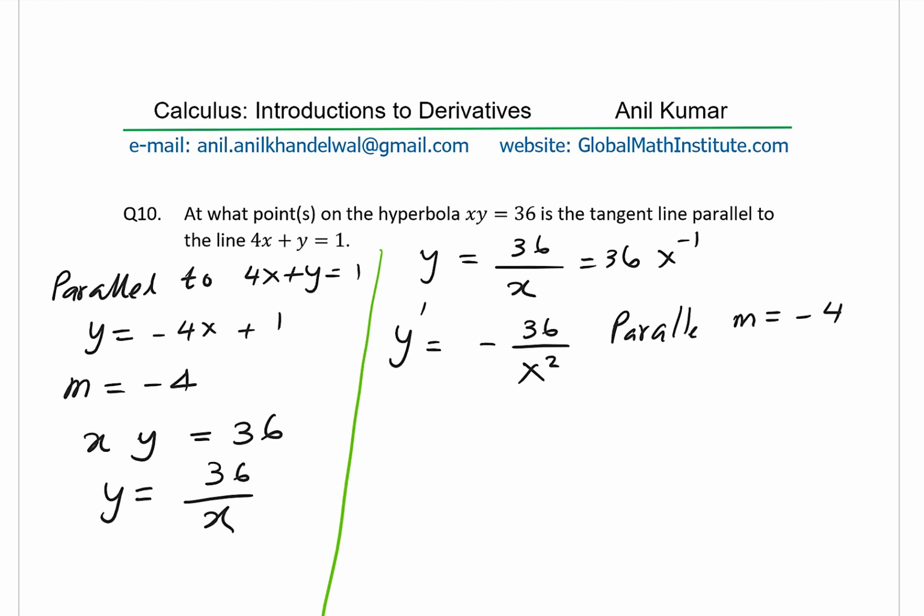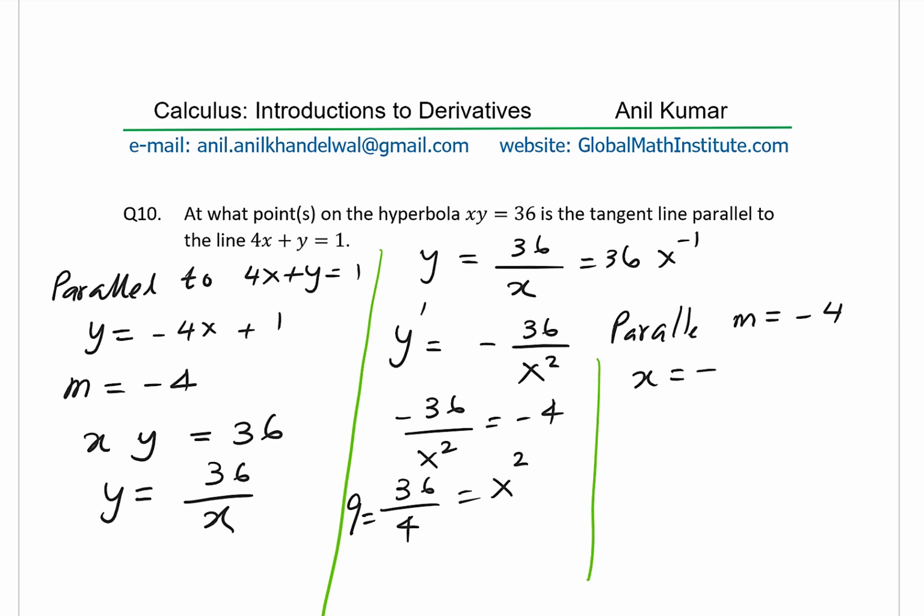So let's equate this. So we got minus 36 over x squared equals minus 4, or we can say 36 over 4, minus minus cancel, equals x squared. Well, this is 9, correct? So from here we do get a point, and that is clearly x equals plus minus 3.